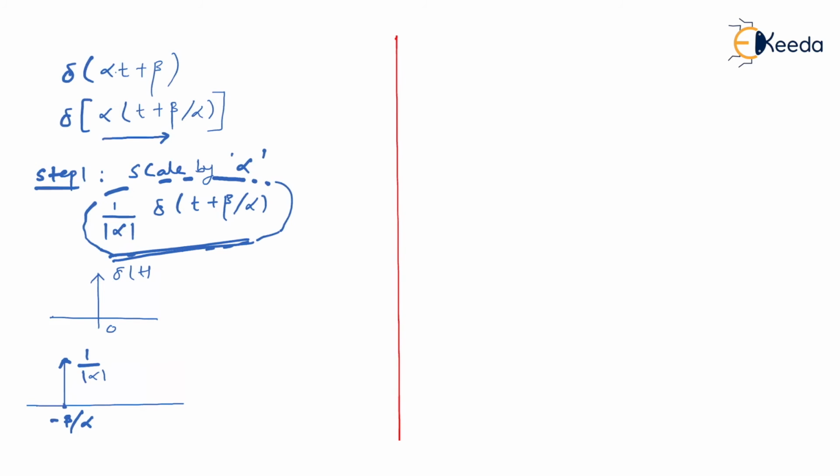Let us solve one more, which is del of minus alpha t plus beta. Again, let us make the t coefficient free. I'm taking minus alpha out: t minus beta by alpha. Again, I'm moving from left to right.